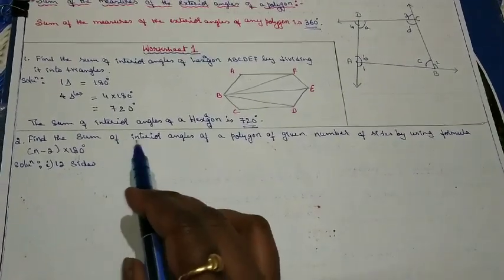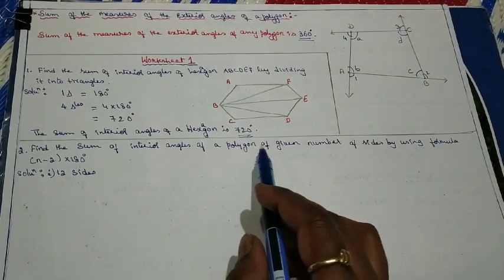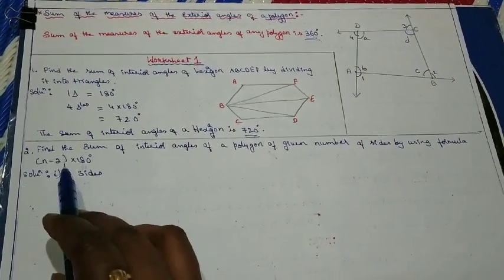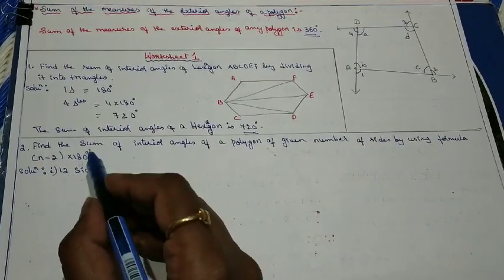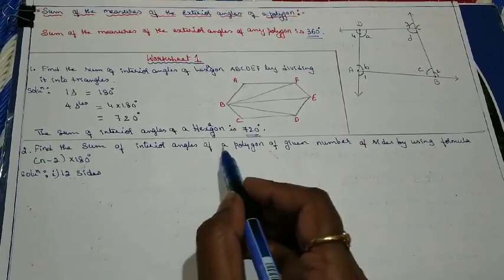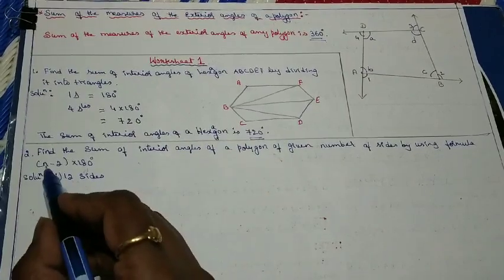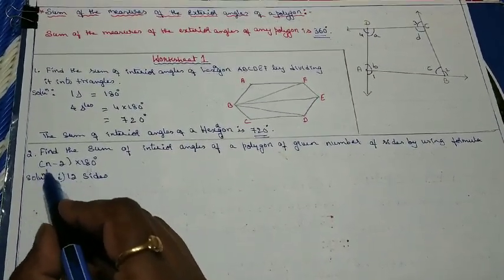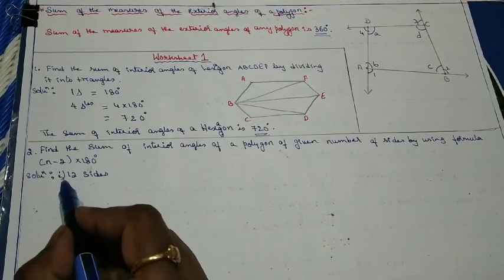Find the sum of interior angles of a polygon with a given number of sides by using the formula (n minus 2) into 180 degrees. We know that n stands for the number of sides, which is already given in the first question.